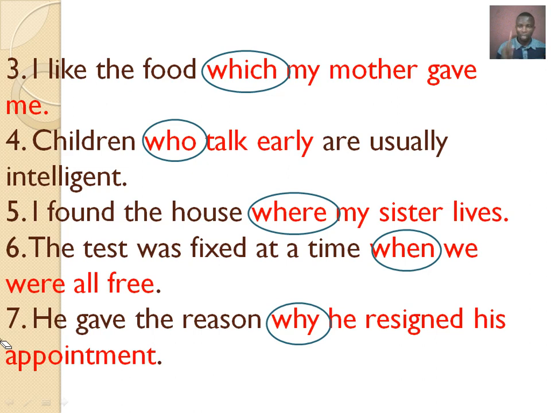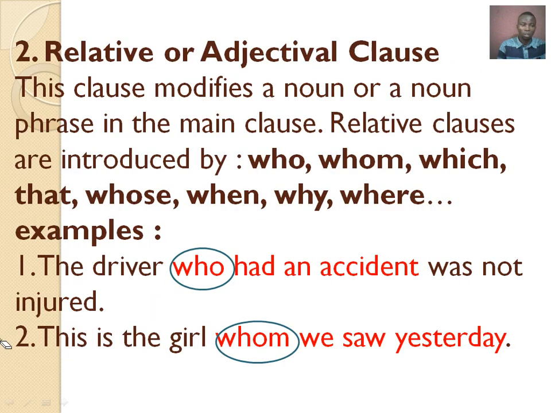They perform the same function, and that function is qualifying the noun or pronoun. See? Food in 3, children in 4, house in 5, time in 6, reason in 7, driver in 1, and girl in 2. All the words I've mentioned are nouns, and they are qualified by the parts in red.